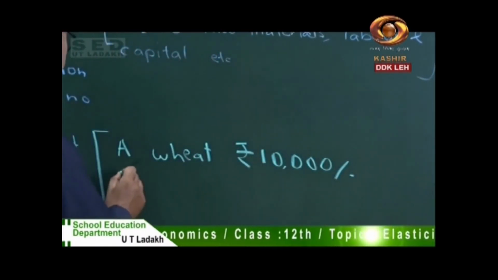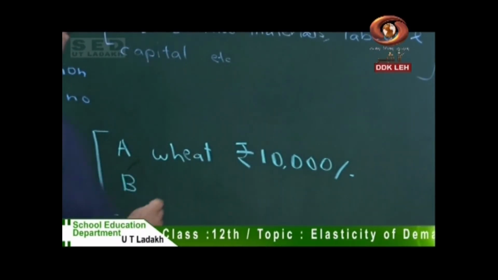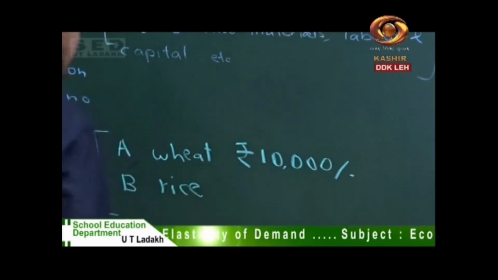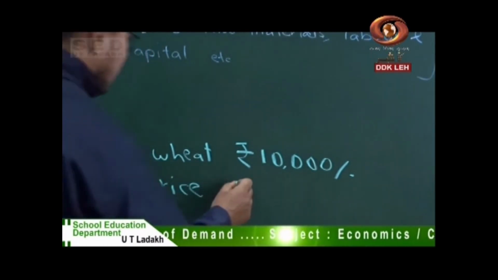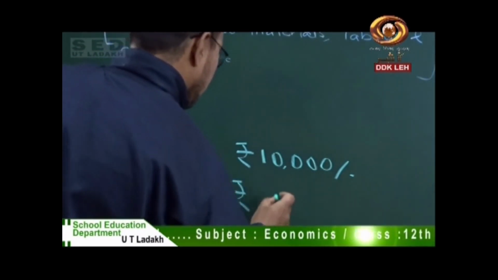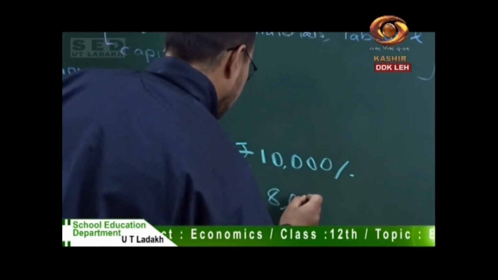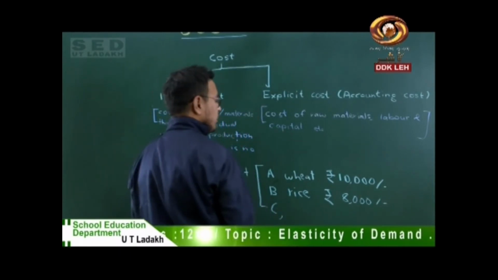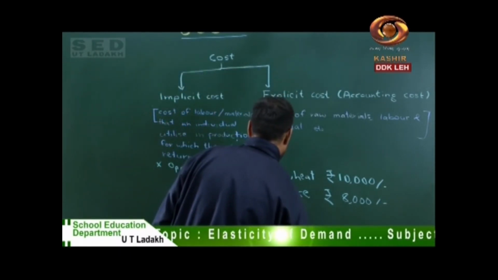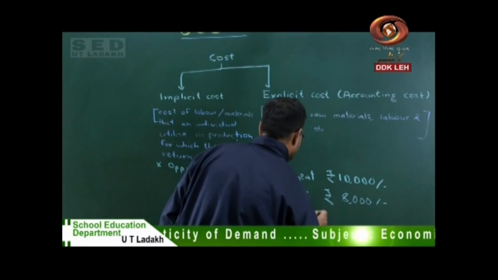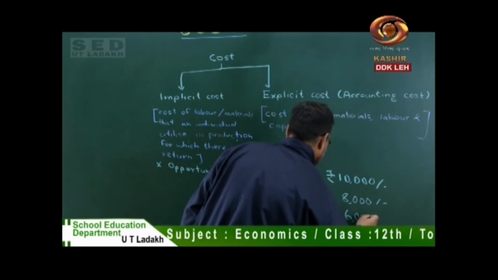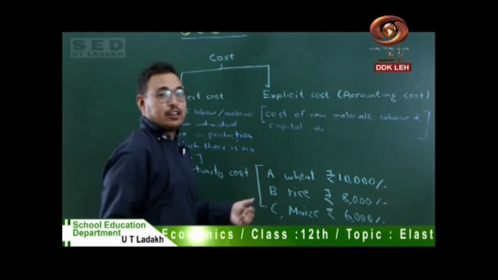Or I might have an option B of growing rice, the revenue of which is 8,000 rupees. Or say there is C, the other option, I can use it to grow maize or corn, and I might be getting 6,000. Now these are the options.